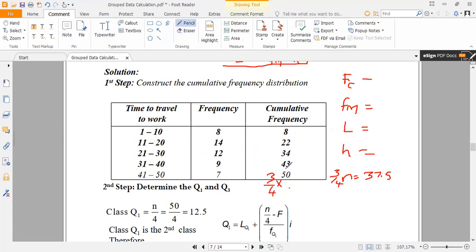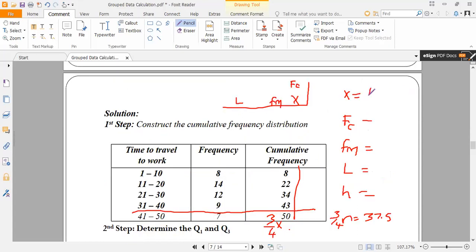Okay, so there's this one here, so we'll draw a line here. What is our x? 43 itself. The FC, the number above that, is 34. The FM is 9. The L is 30.5.